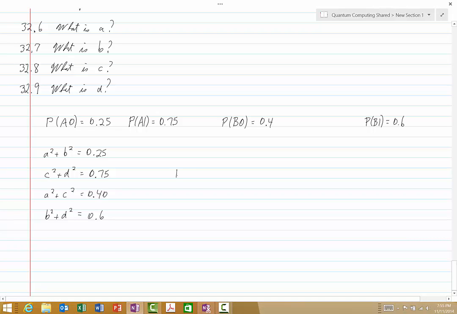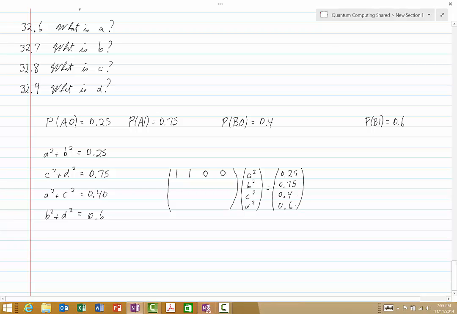So we have 1, 1, 0, 0 as the first row of our matrix. What I'm doing here is putting these 4 equations and 4 unknowns in a matrix form. So I'll have here A squared, B squared, C squared, and D squared, and 0.25, 0.75, 0.4, and 0.6.